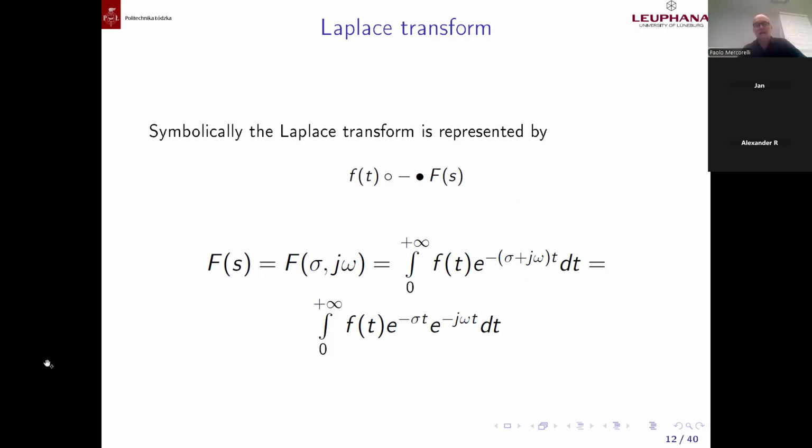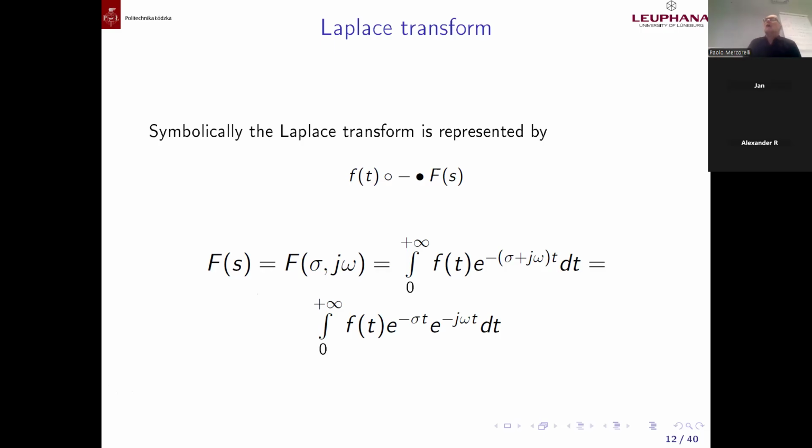Just again, the definition. Remember the exponential function up to s can be written in this form here, but it doesn't matter now. Here is again the Laplace transform, in which I am considering the complex variable s, consisting of two parts, a real and an imaginary one.